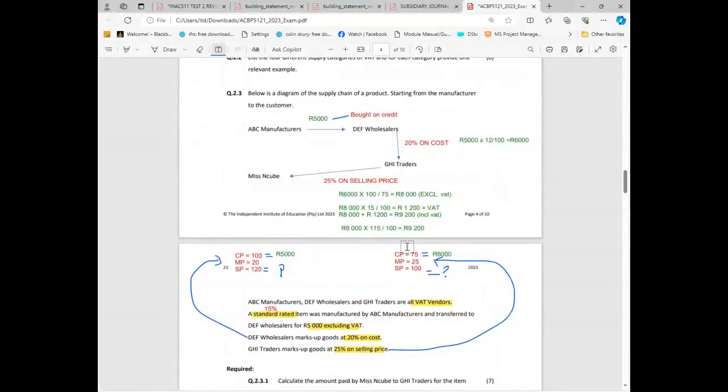Now, what is the transaction? So give me the account here. We bought inventory on credit. What do we call ABC manufacturers?